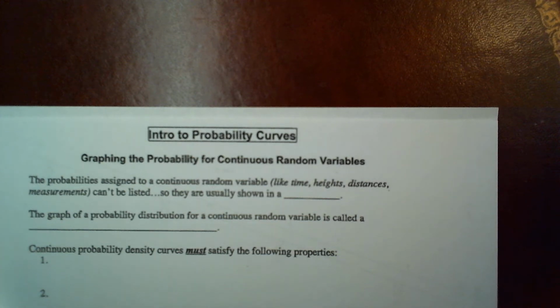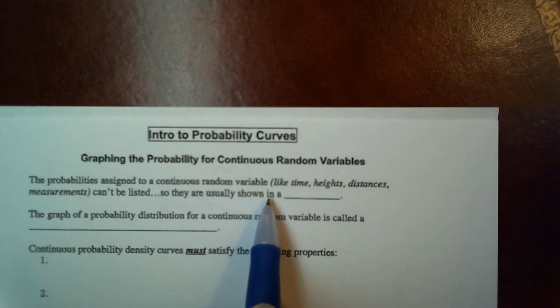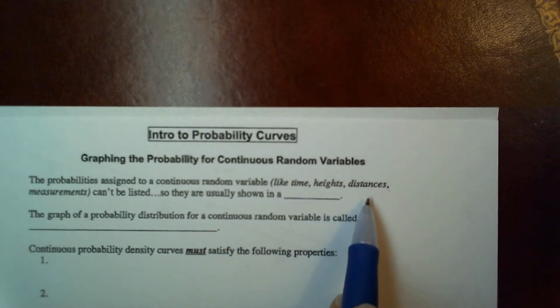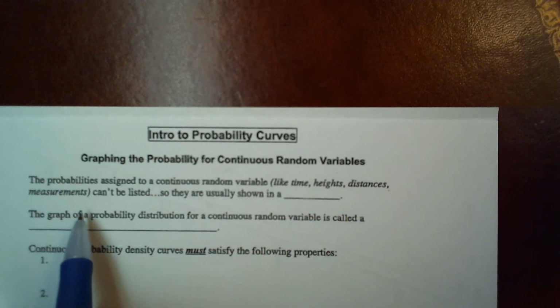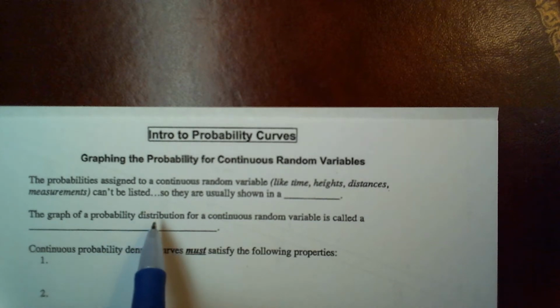This chapter is about normal probability distributions, and we begin with the standard normal distribution. The probabilities assigned to a continuous random variable, like time, heights, distances, measurements, etc., cannot be listed.